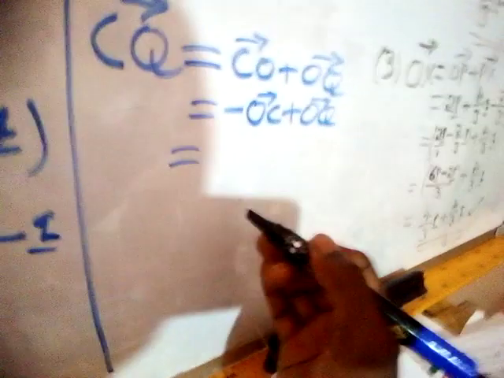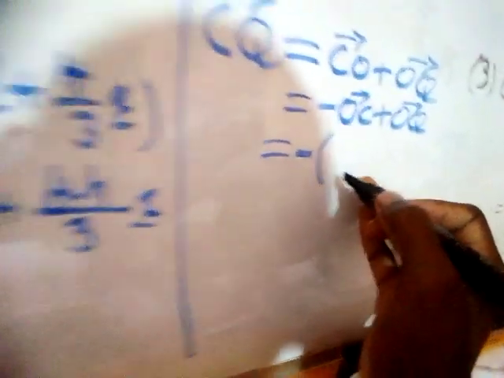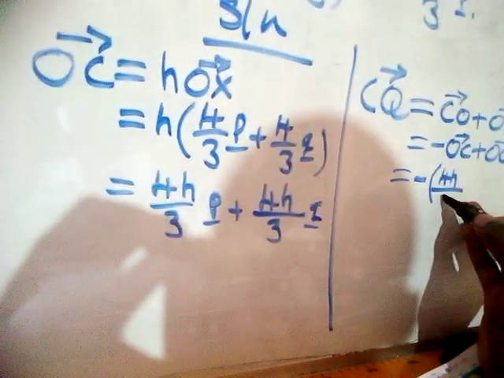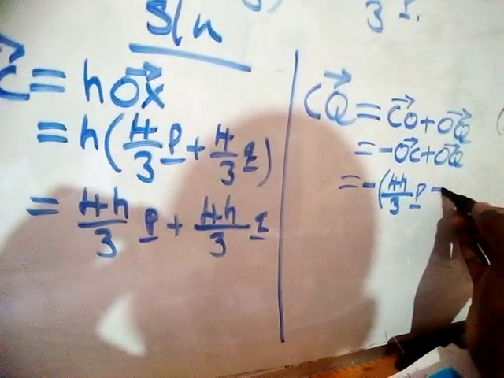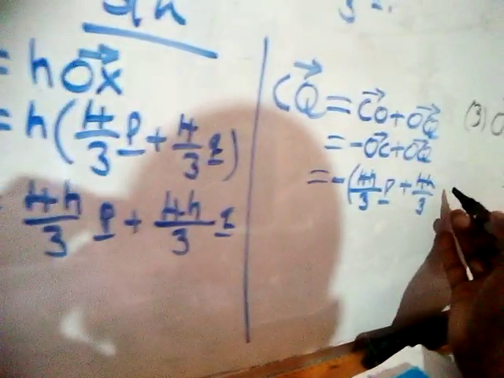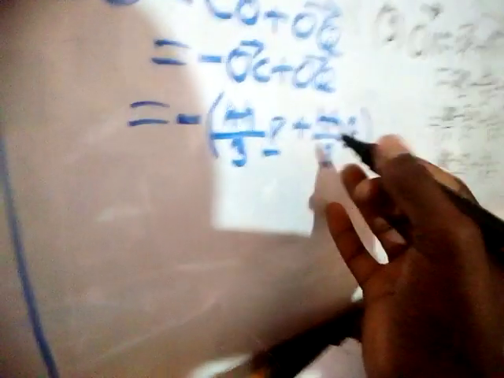When you substitute, we're going to have negative, you put in the parentheses, 4h over 3 vector P plus 4h over 3 vector Q. Then we close the parentheses.